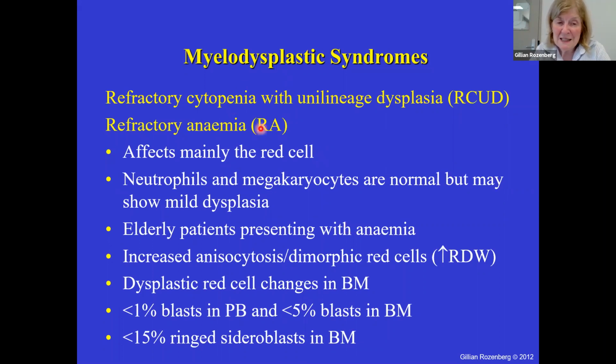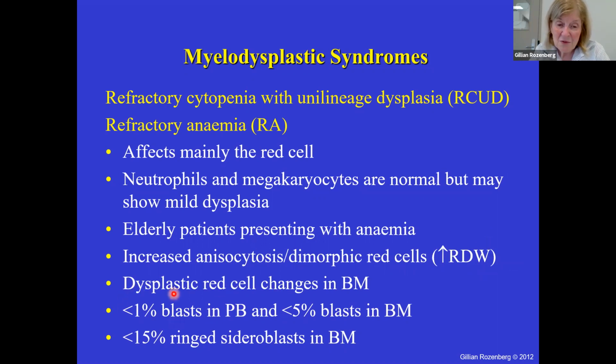So refractory anemia mainly affects the red cells. The neutrophils and the megakaryocytes are normal, but may show mild dysplasia. They're elderly patients presenting with anemia. They have an increased anisocytosis, so they have a dimorphic red cell picture with an increase in the red cell distribution width.